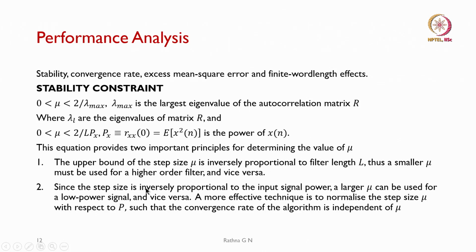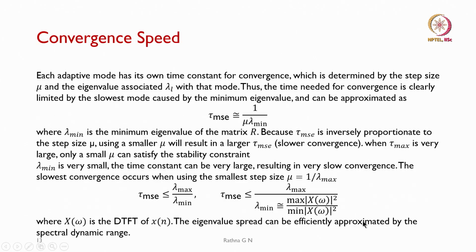Since the step size is inversely proportional to the input signal power, a larger mu can be used for a low power signal and vice versa. A more effective technique is to normalize the step size mu with respect to the power P, such that the convergence rate of the algorithm is independent of the signal power.